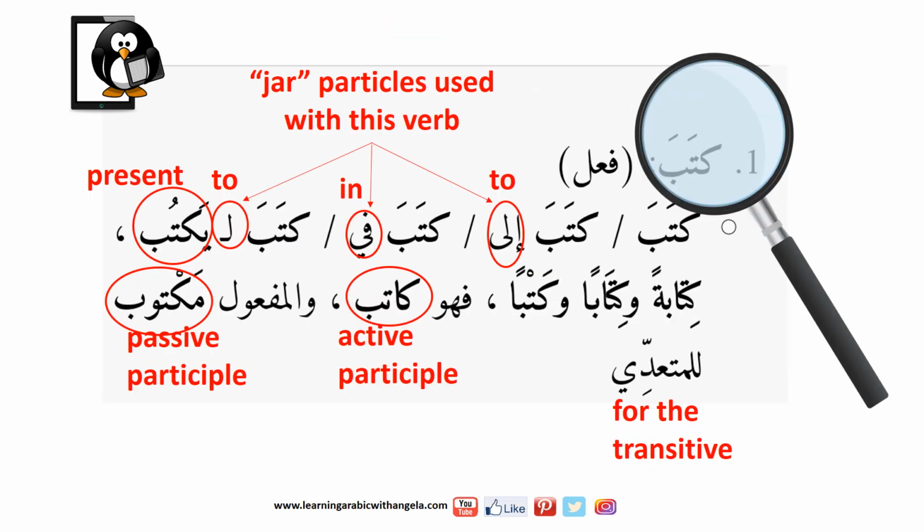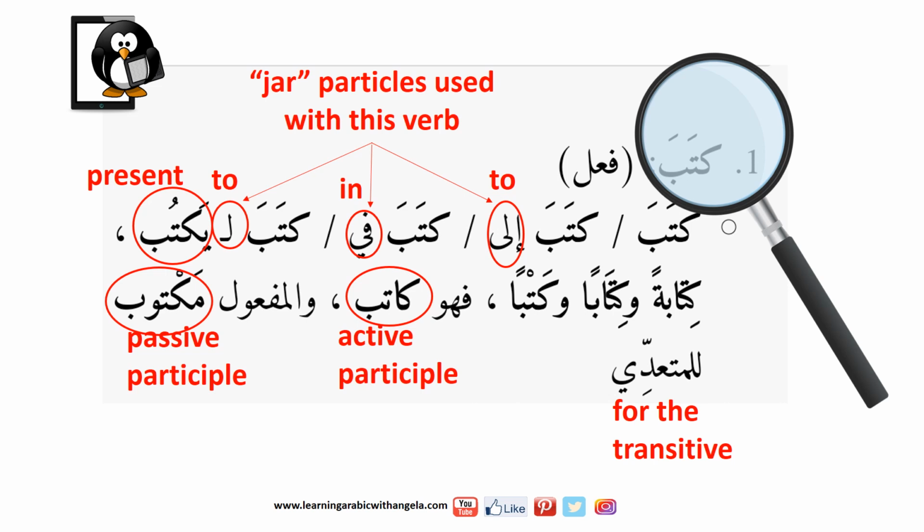And finally, I have a close-up here of what you would find in an electronic Arabic dictionary for the verb كتب. It tells you here كتب فعل, that is, it's a verb. And then it tells you all the possible ways that you can use the verb كتب, such as كتب on its own, or كتب إلى, to write to, كتب في, to write in, كتب لي, to write to.